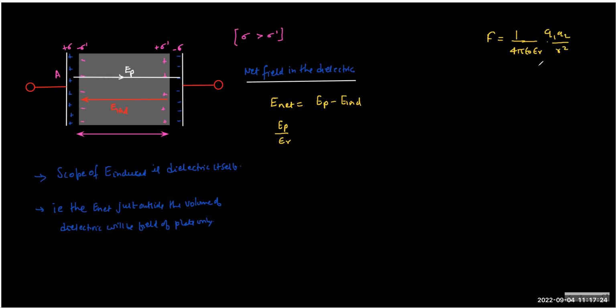But in a medium, the field will decrease. In vacuum it is 1 by 4 pi epsilon naught. In a medium it is different. So the electrostatic force we write by this formula, and the Coulomb's force we write by a formula like this.